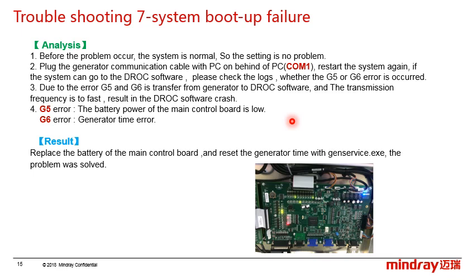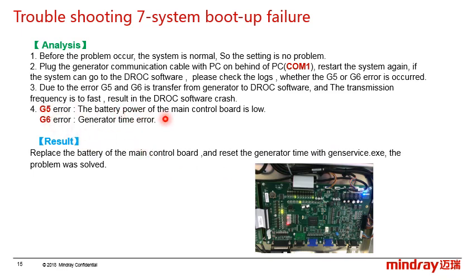And now if the system can go to the DROC software, we can export the logs and check whether the G5 or G6 error has occurred. As you know, the G5 and G6 errors are transferred from the generator to the DROC software, and the transmission frequency is too fast, which results in the DROC software crash.